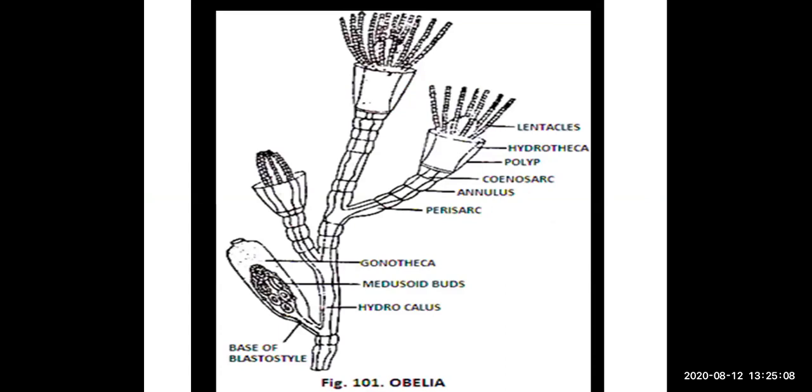These are called hydranths. Basically they resemble hydra. The proximal end of the polyp is continuous with the hydrocaulus.